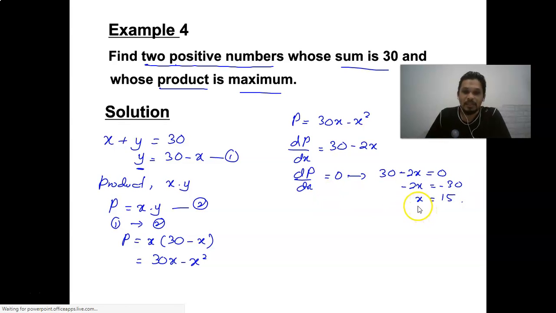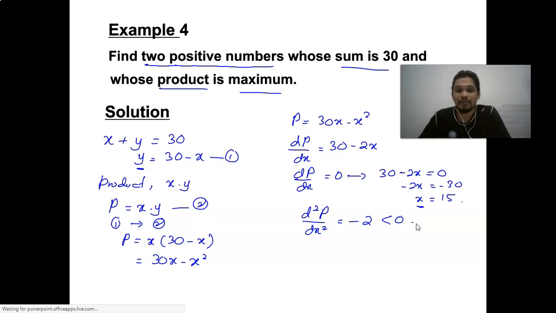Now this value x equal to 15 is what we are going to substitute into the second derivative of P with respect to x. But before that, we have to find the second derivative of P with respect to x. Differentiating 30 gives 0, and differentiating negative 2x gives negative 2, which is less than 0.